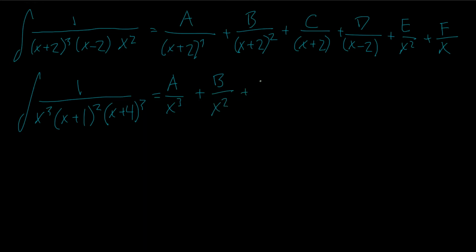And then I'm going to do it again until I have no more factors. Then I'm going to get x plus 1 squared, break off a factor, get x plus 1, just like that. And then I do the same exact thing for x plus 4: x plus 4 cubed, x plus 4 squared, and then just x plus 4. And so that's how you would do that.